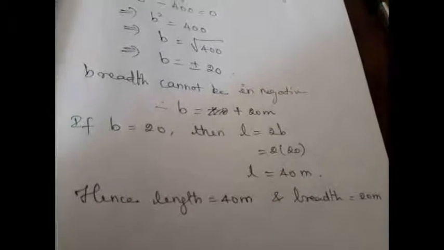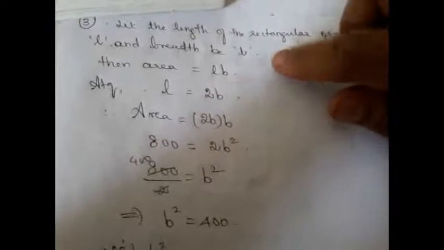Hope you understood. This is again a very easy problem. What we did, we framed the situation into a quadratic equation. The only thing is, don't get confused with the coefficient b and the assumption we made in the question. If you feel like, then assume it as x and y, no problem. Instead of L and B, you can assume it as x and y, so that you will avoid confusion and you won't make any mistake, right?